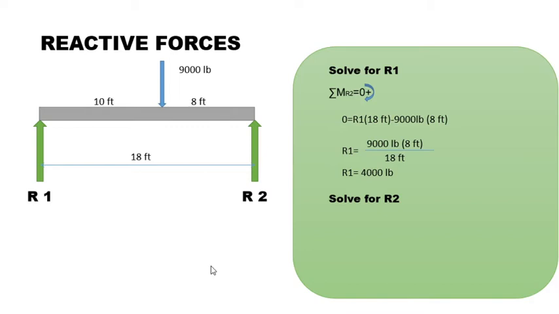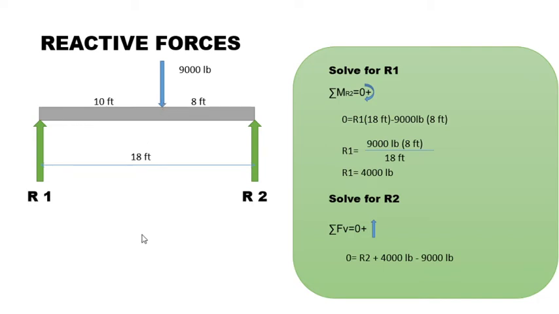This time, we're going to use the summation of vertical forces because we have only one unknown. The summation of vertical forces is equal to 0, positive upward direction. So 0 is equal to R2, which is our unknown, upward direction, positive, plus R1, positive, so we have 4,000 pounds, minus 9,000 pounds going down, the concentrated load, so negative.